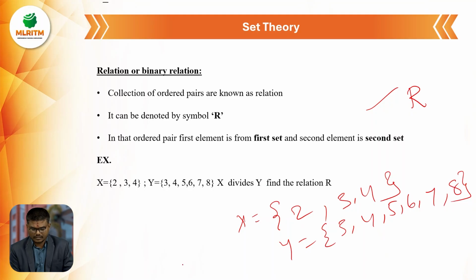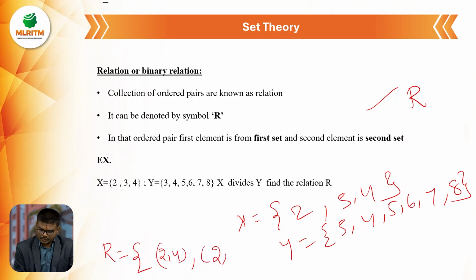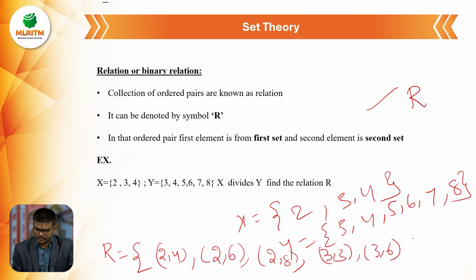Find the relation R. So relation R equals (2,4), (2,6), (2,8), (3,3), (3,6), (4,4), (4,8). This is the relation.